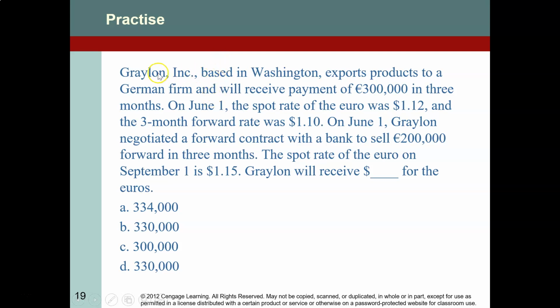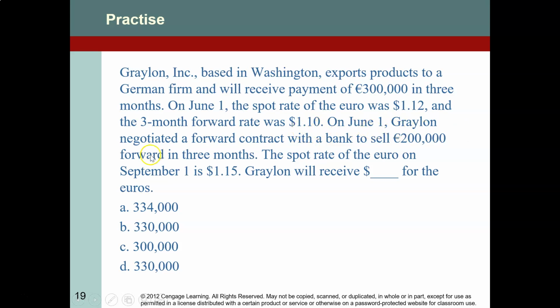Practice. This company, Grayland Incorporation, based in Washington, exports products to a German firm and will receive payment of 300,000 euro in 3 months. On June 1st, the spot rate of the euro was $1.12 and the 3-month forward rate was $1.1.